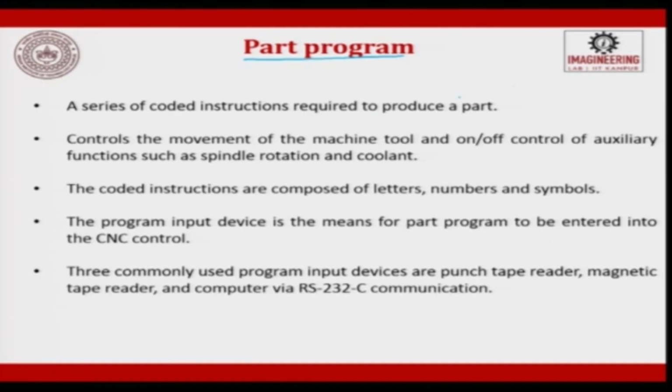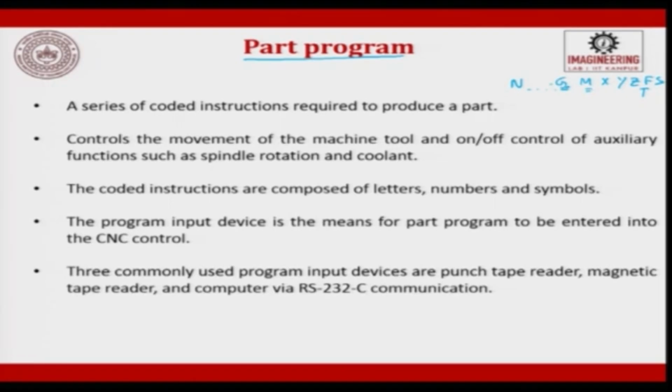So, what are they? For example, coded information can be the start of a line. It can have some codes, G codes, M codes, some X, Y, Z, F, S. These are X, Y, Z coordinates, and then you will have feed, speed, and then the tool number or whatever it is. G codes we will see in detail. G codes, M codes, these are all letters.